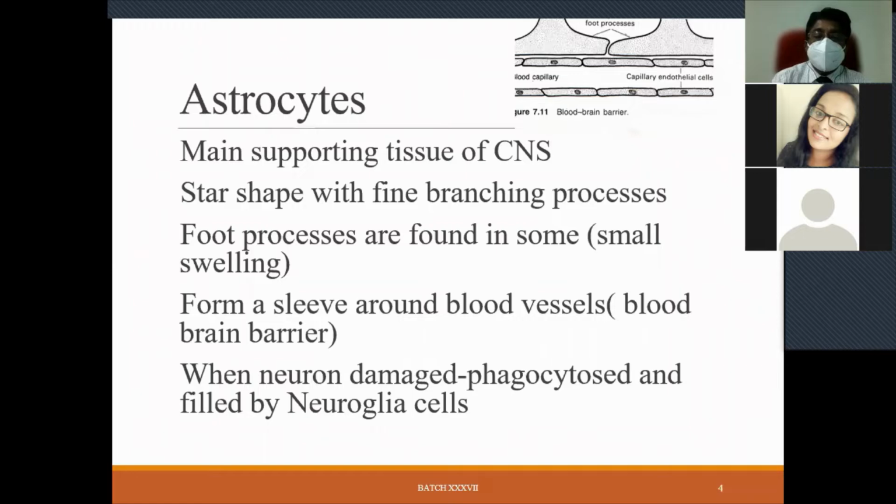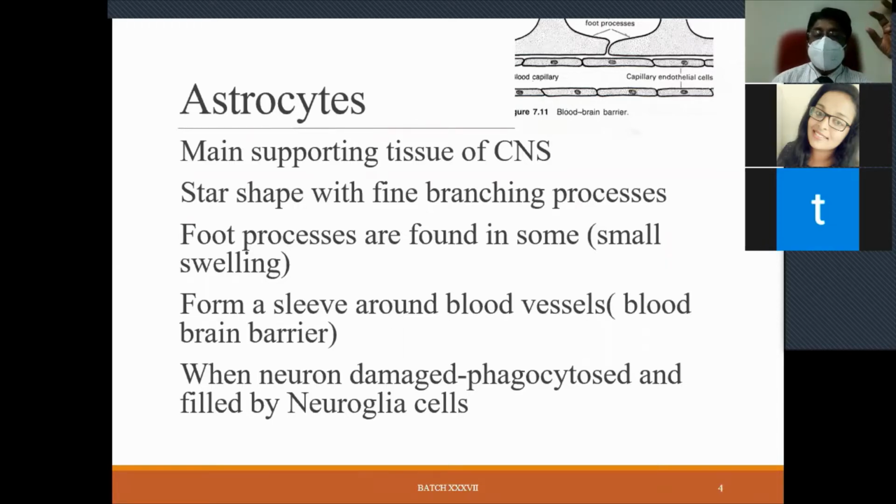Then these foot processes are found in some very small swelling. If you look at this picture, these are the ends of the processes, and you can see there's a foot process with a little enlargement, a swelling, right? Here it is small, and here you can see the process has swelled up.